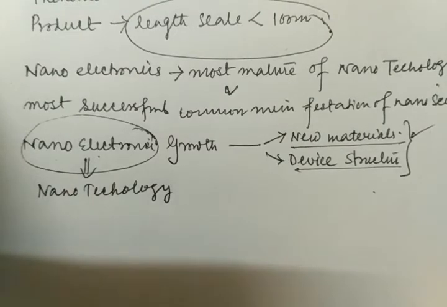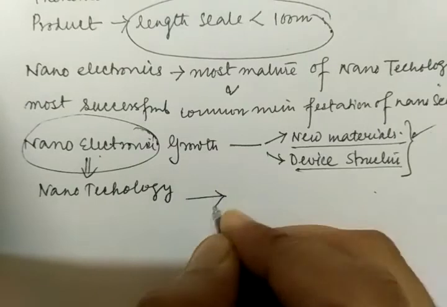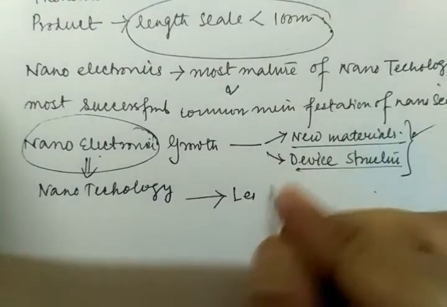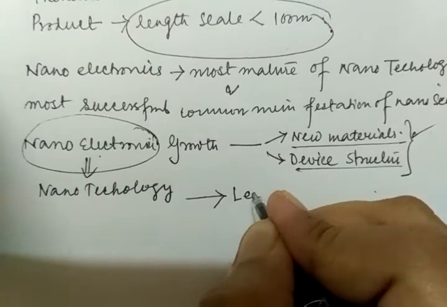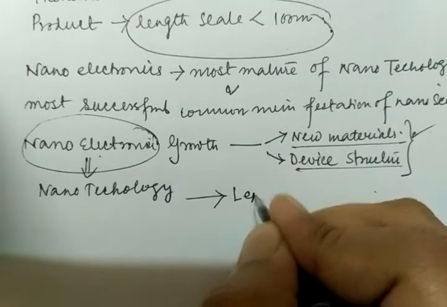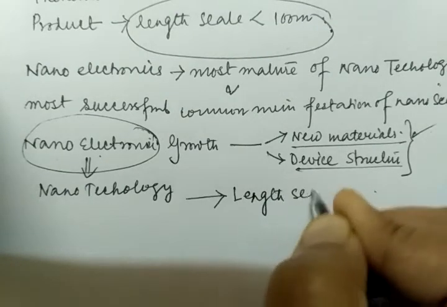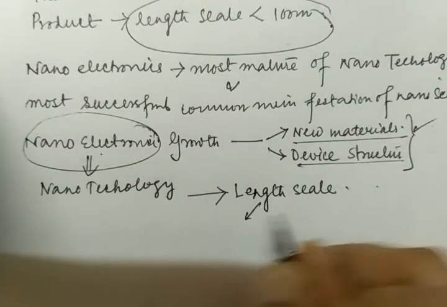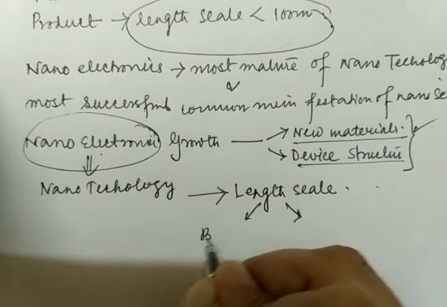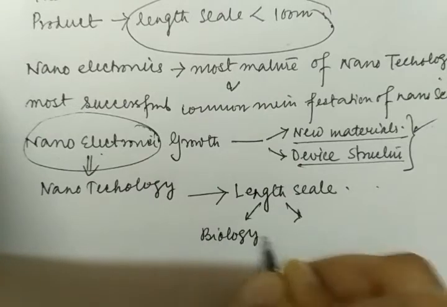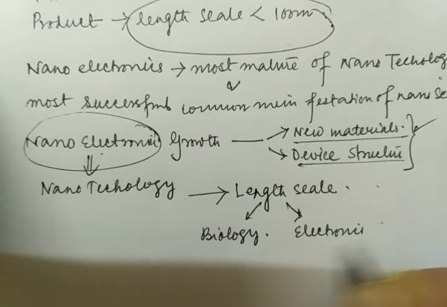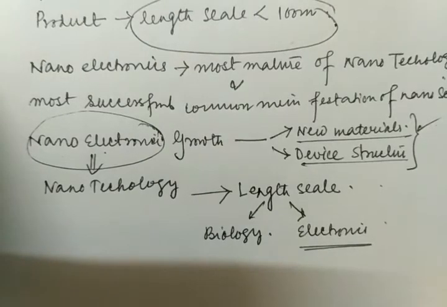Because of its length scale, because it is scaling in nanometers, the important parameter related to that is the nanoscale. And which kind of nanoscale? One is biology, and the other is electronics that we can create.